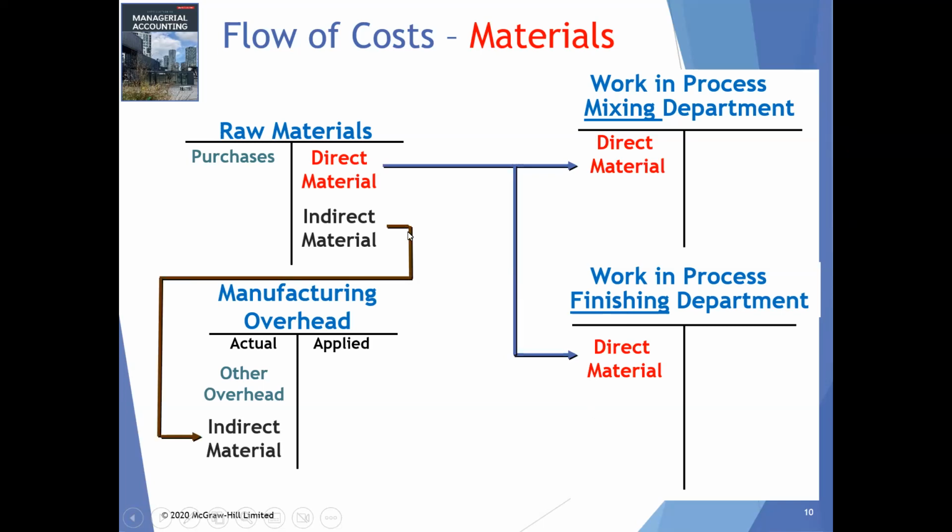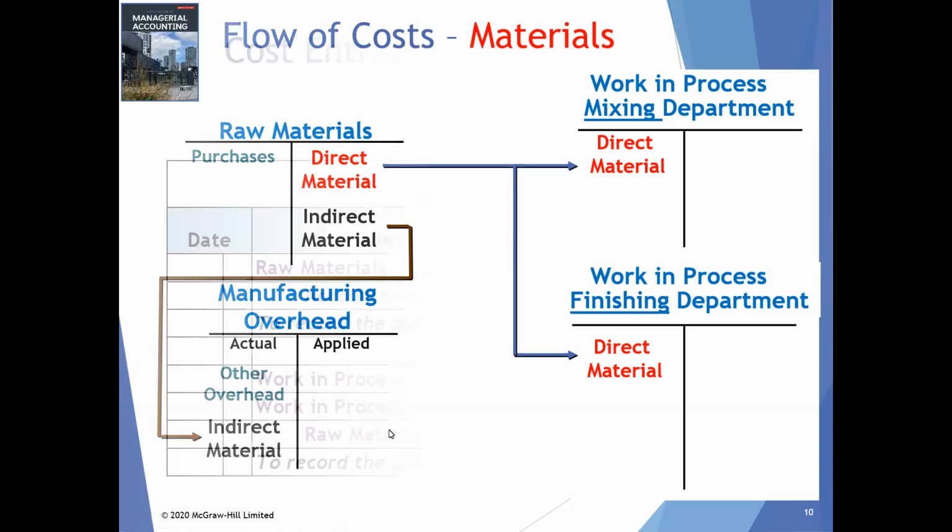And after that indirect material will be a manufacturing overhead, so that will be sent to this department as a manufacturing overhead. Indirect material may be some glue or some lubricants that we use, right? That is also part of manufacturing, but not direct, so it will be manufacturing overhead.